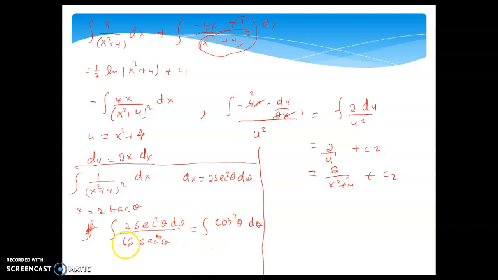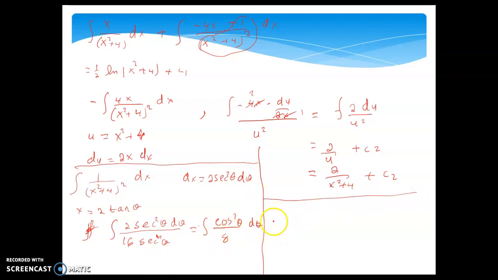I should be showing a lot of steps here, but I condensed them; it's easy to follow through with those.